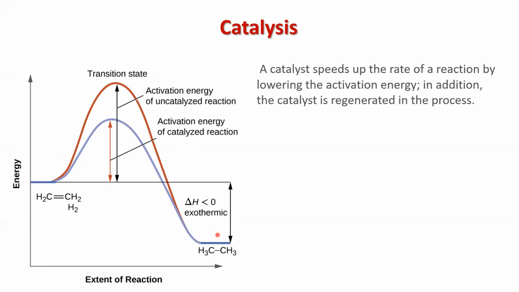What catalysts do is they speed up chemical reactions. And the way that they do that is by changing the reaction mechanism in such a way that they decrease the activation energy. And if you need less energy to get that reaction to proceed, the reaction is going to go faster.